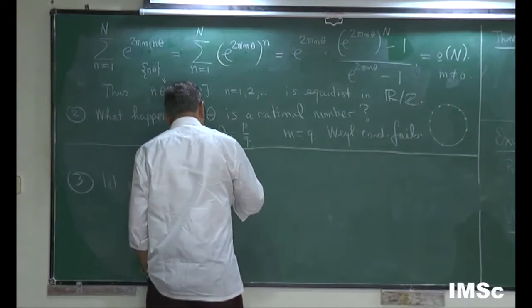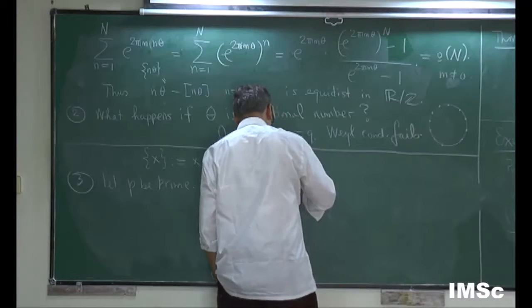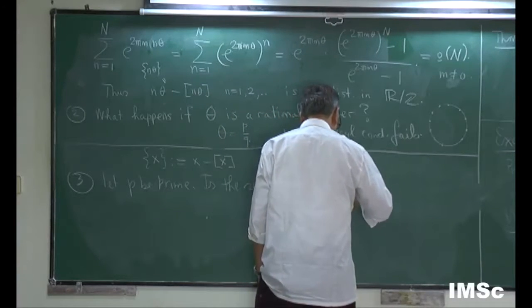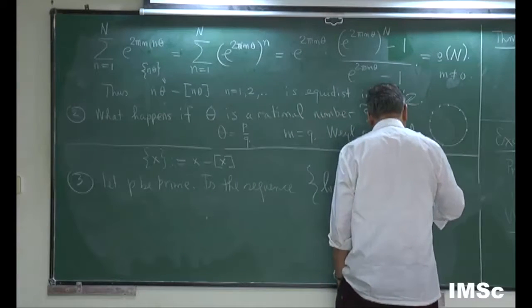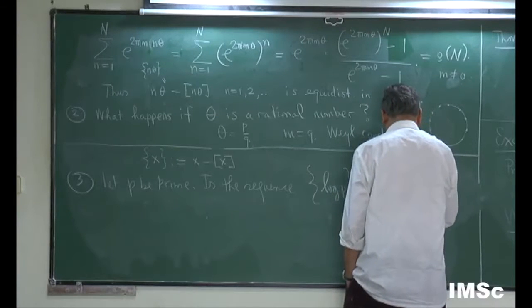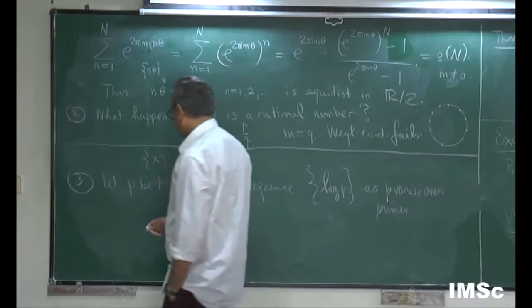Is the sequence of fractional part of log p, as p varies, equidistributed?